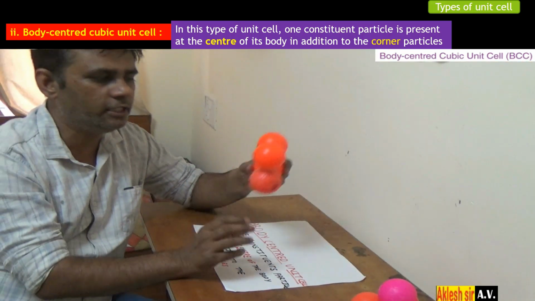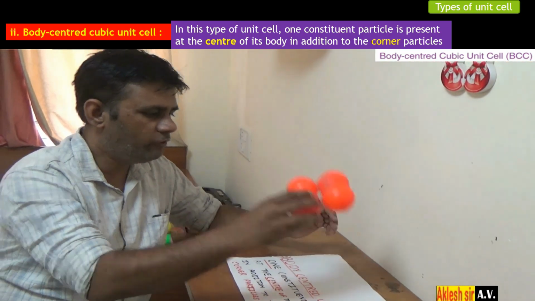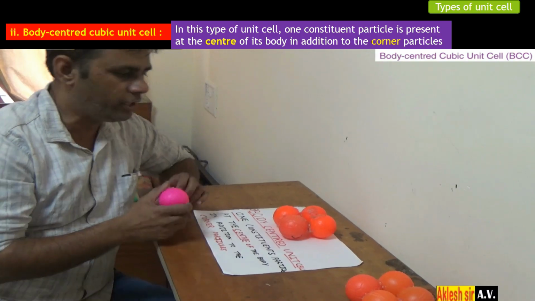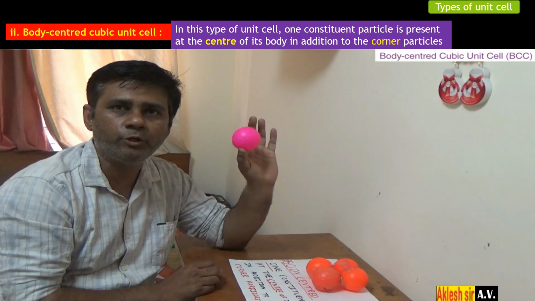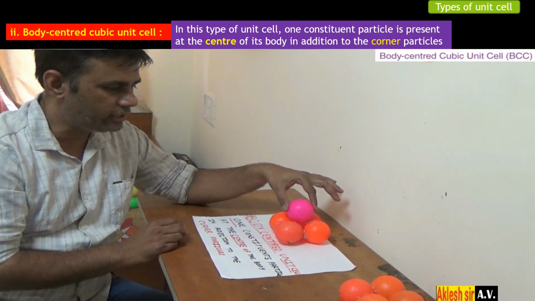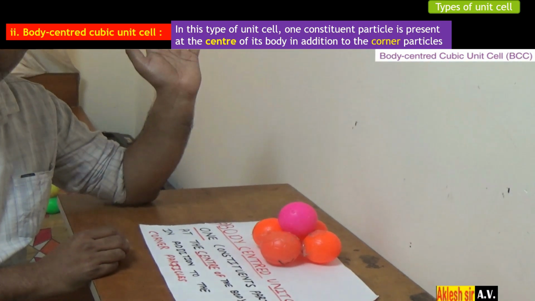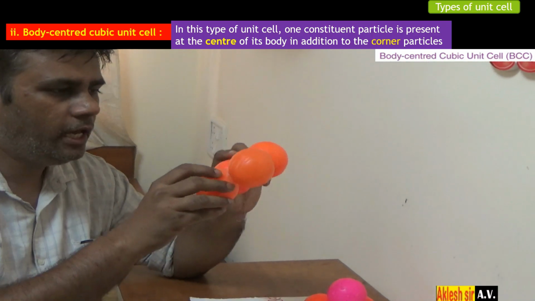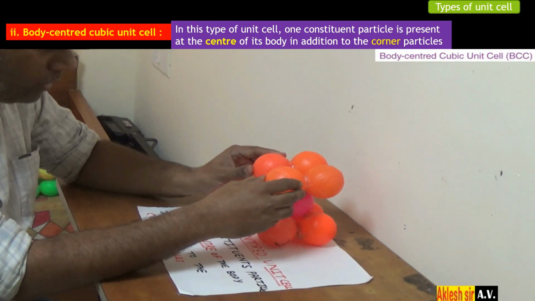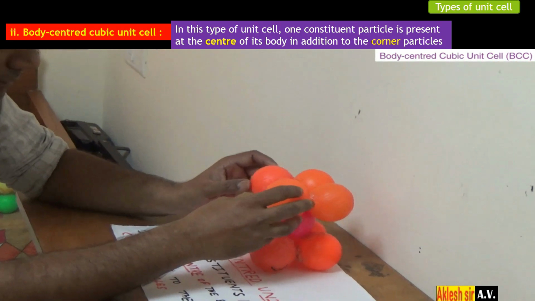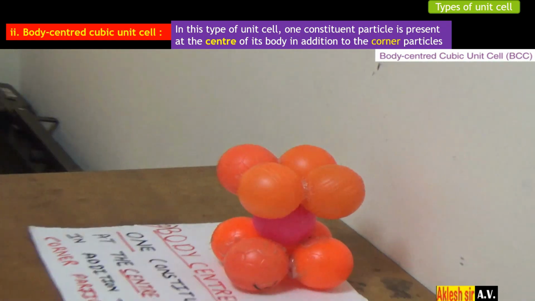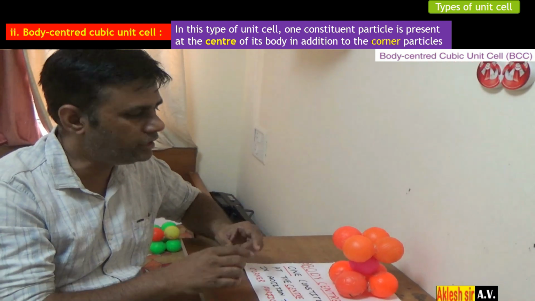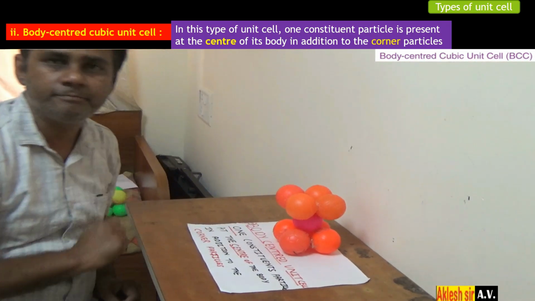To make it, I will place these 4 atoms down. The constituent particle is present at the center of the body, so I will place one atom at the center of the unit cell, and similarly I will take 4 more atoms and place them just above it. Now you can see, this type of structure is known as a body-centered unit cell. Why is it called a body-centered unit cell? Because one atom is present at the center.